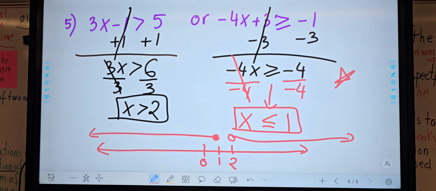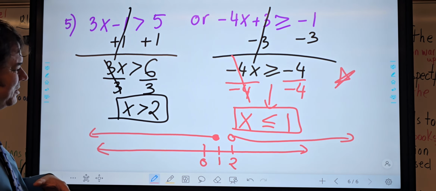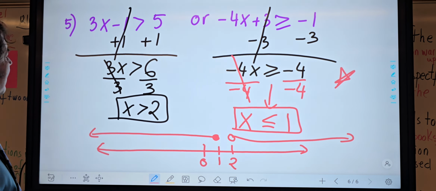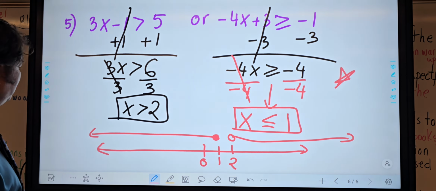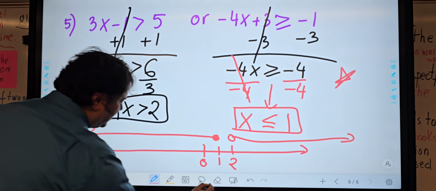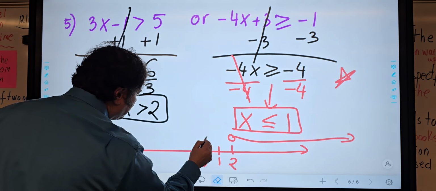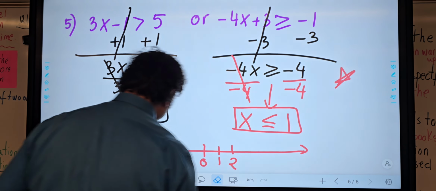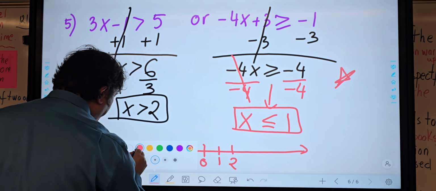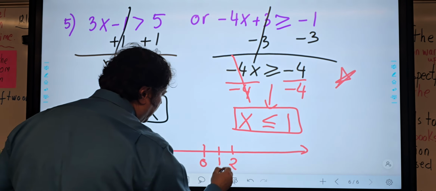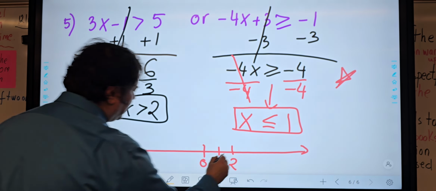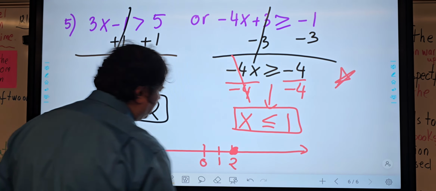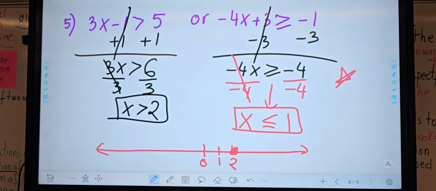And the final answer, using the interval notation, let me use the interval notation somewhere where we can have some room. Let me erase that. Okay. I'm gonna do the dots right on the number line.